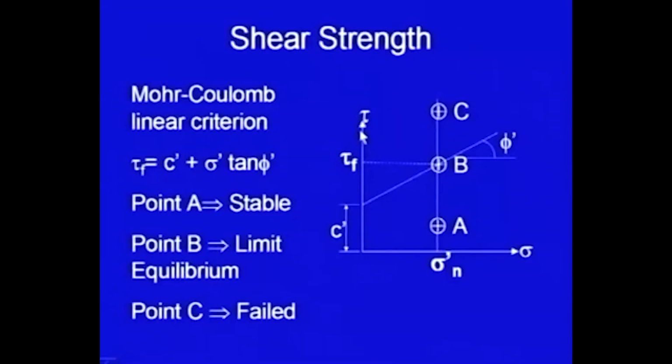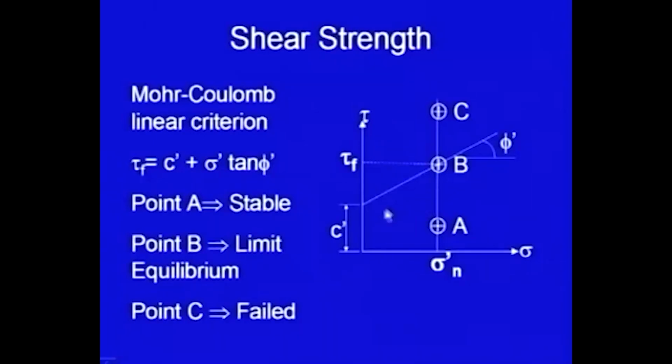The equation of the failure envelope is given as tau f equals C dash plus sigma dash tan phi dash, where the y axis is shear stress. Tau f is the shear stress at failure, C is cohesion, and phi is the angle of internal friction or angle of shearing resistance. Sigma is the normal stress.